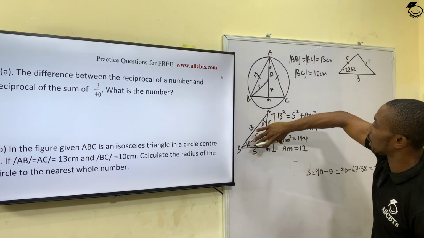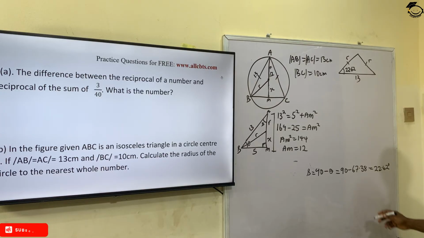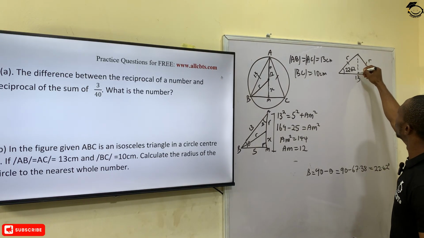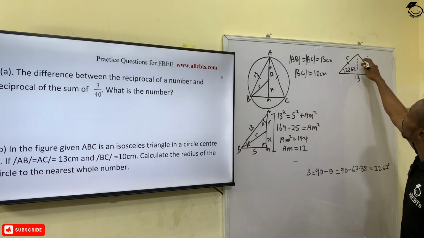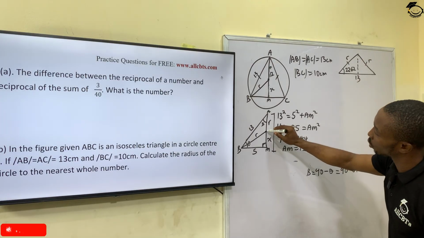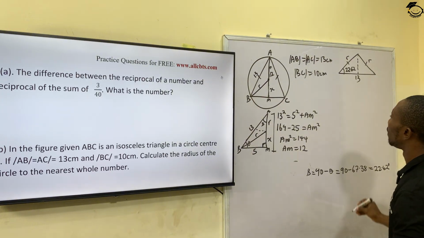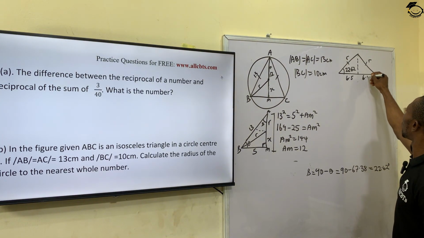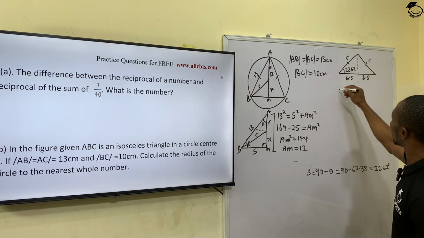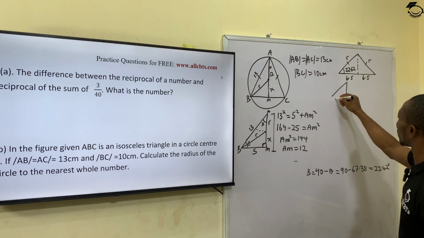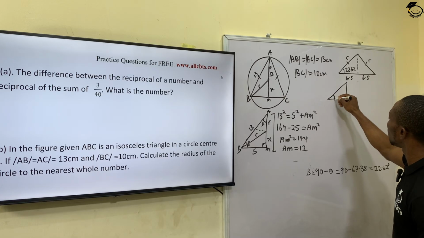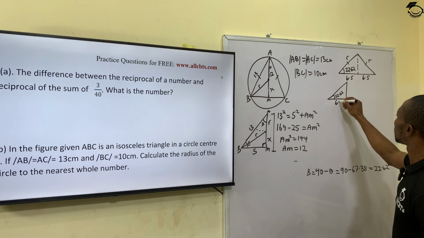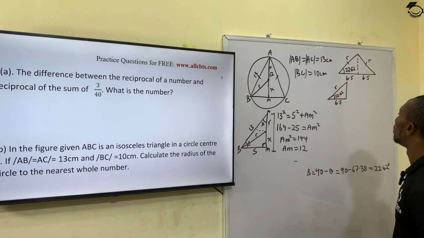So we are turning our triangle downwards. Now, having it this way, we can now find our radius. Still dividing this angle from here this way, this becomes 6.5, 6.5. So bringing out our right angle triangle from here, this is 22.62, and this is 6.5, and this is our radius.